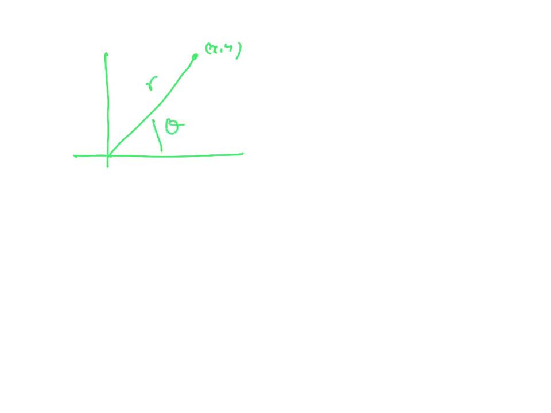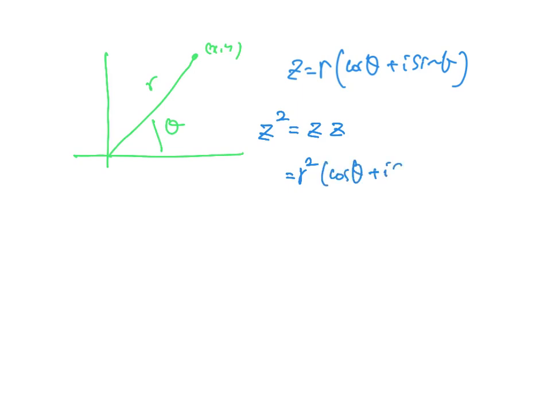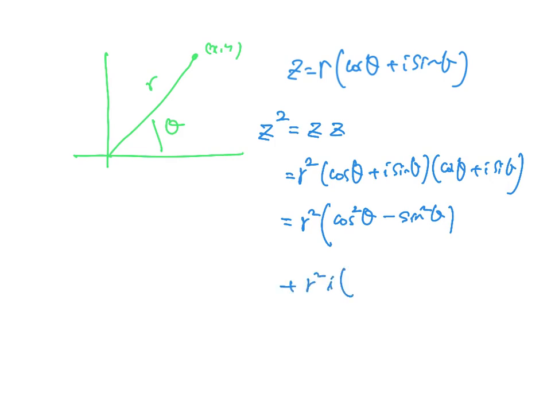So z, if you multiply by z, you get z squared, r squared times cosine squared theta minus sine squared theta, plus r squared i times sine theta cosine theta plus cosine theta sine theta.